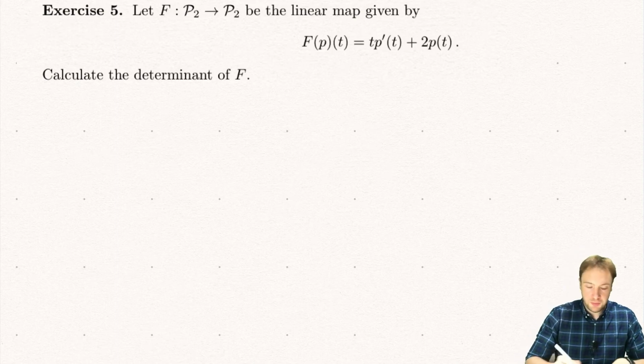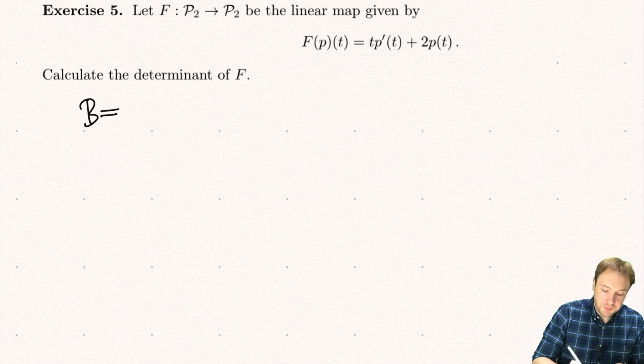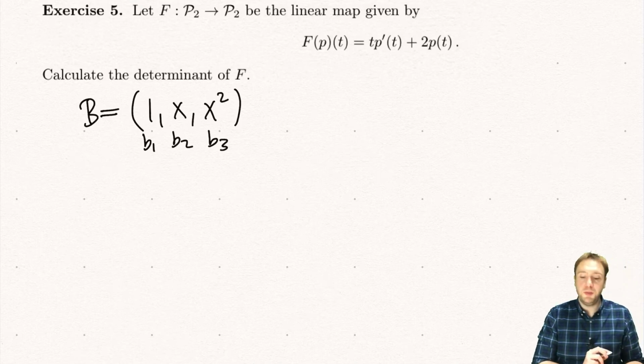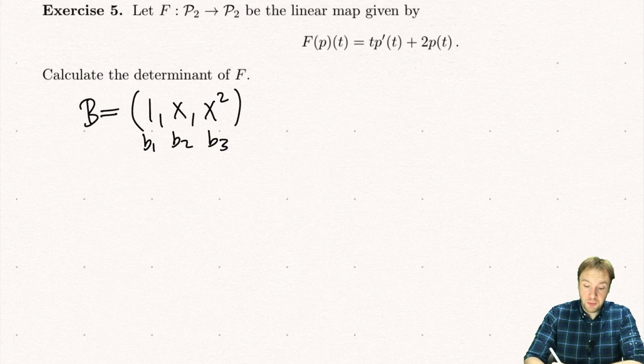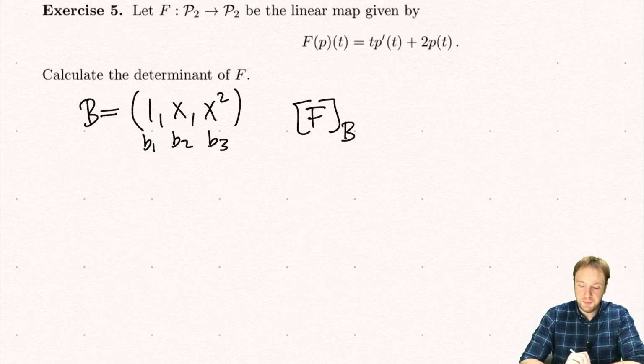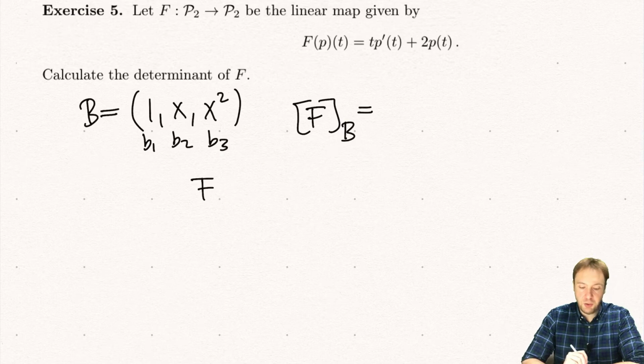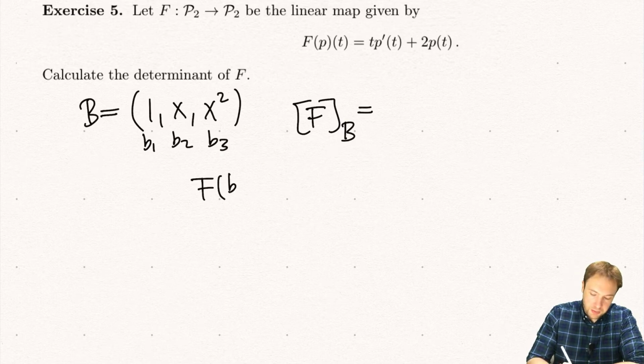And in this case we choose our standard basis, the basis 1, x, x squared. So this is b1, this is b2, and this is b3. And we want to calculate the matrix of f with respect to this basis here. So we need to see what is f of b1, for example, of t.